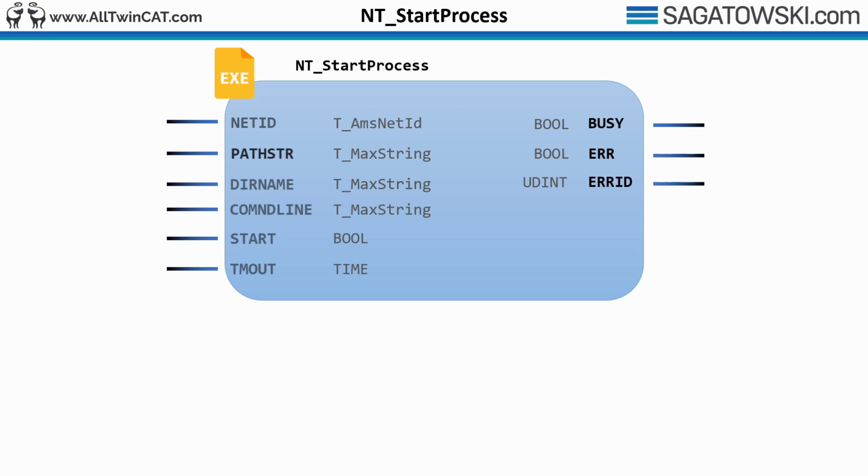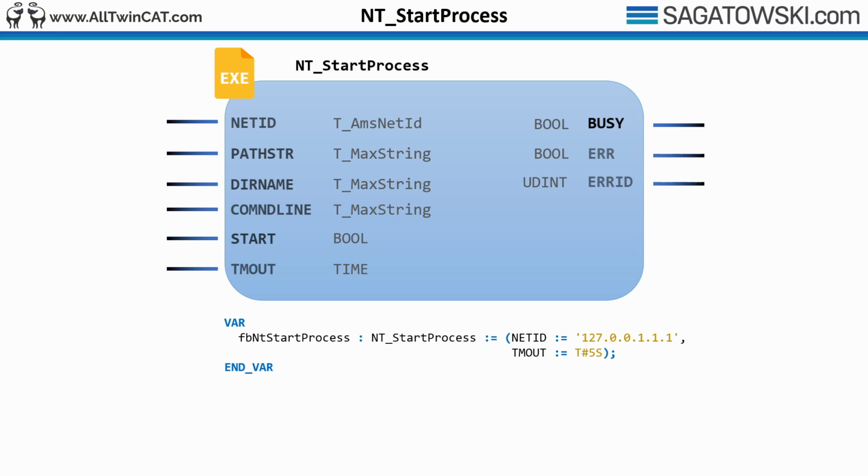The last parameter is the maximum timeout for the function block to execute its command. On the output side, we first have the busy flag, which indicates whether TwinCAT is busy trying to launch the application. The second and third output parameters give information on whether the execution was successful, and if not, an error identity which can be used to do fault isolation.